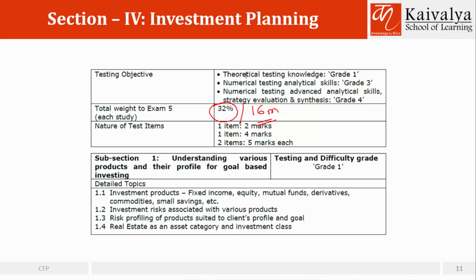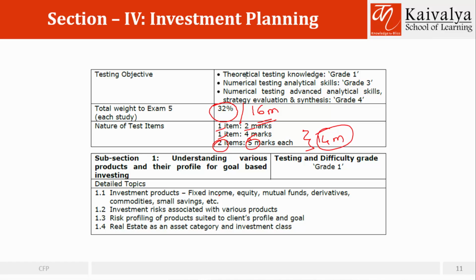Nature of items, you can see we have one question of 2 marks, a further question of 4 marks, and 2 questions coming up for 5 marks. And as I said, you are going to have 14, meaning 5 into 2 plus 4, 14 marks of numerical coming from this topic. So try to understand, we have a theoretical topic.